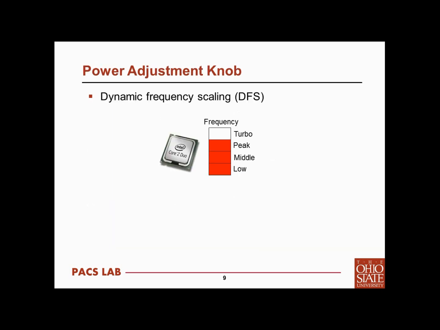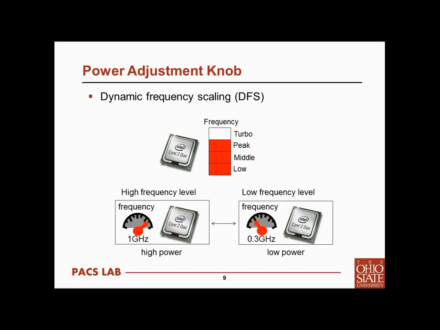And there are a lot of different knobs to dynamically change the power consumption of a computer system. Here we introduce dynamic frequency scaling. In modern computer systems, we can run the processor at different frequency levels. When we run the processor at a high frequency level, we use more energy, but we have better performance.